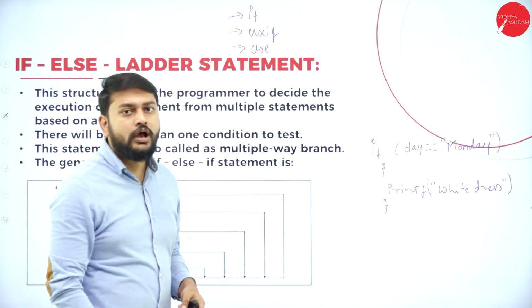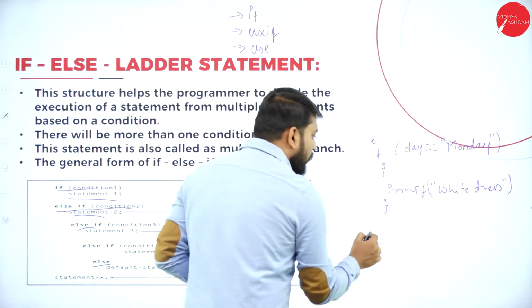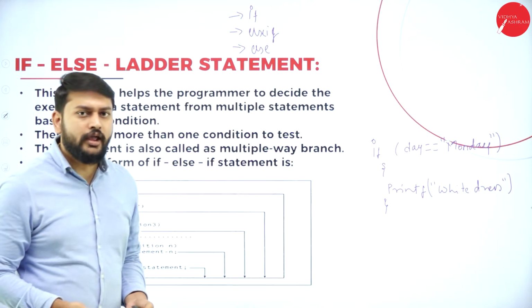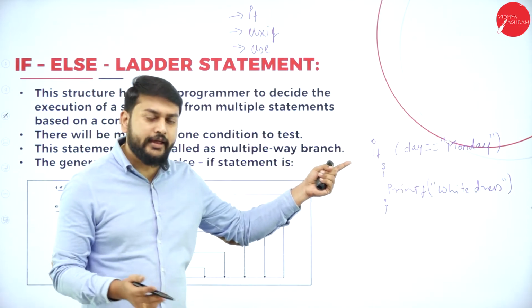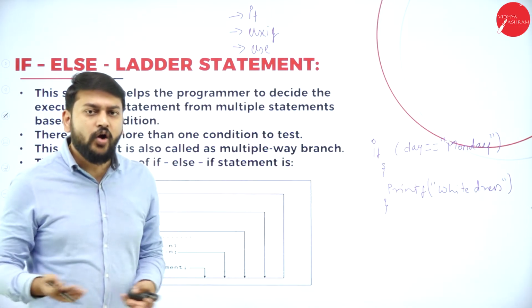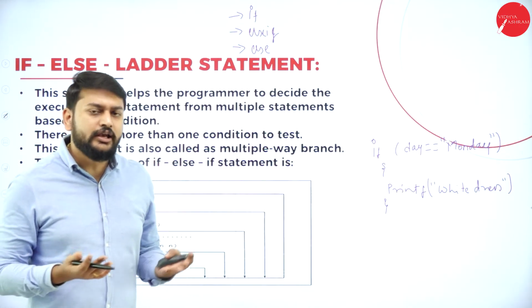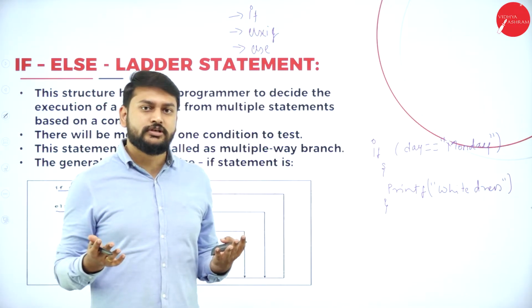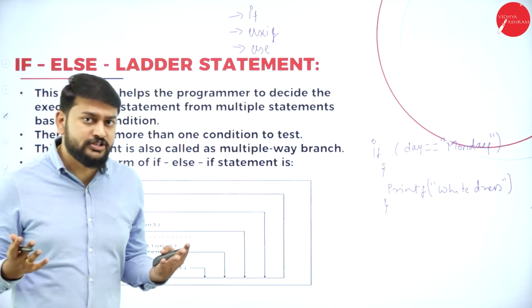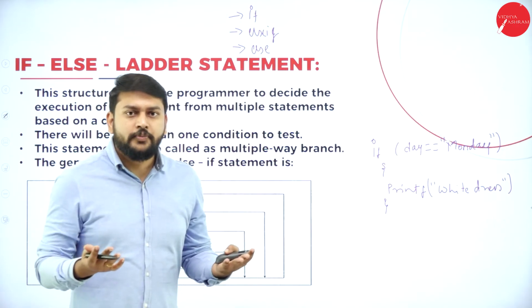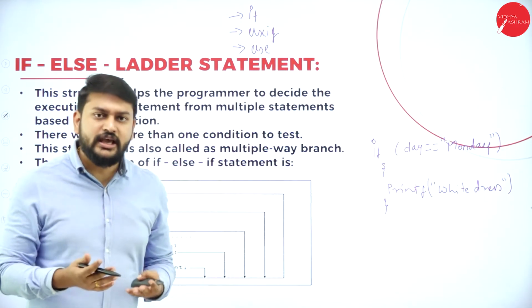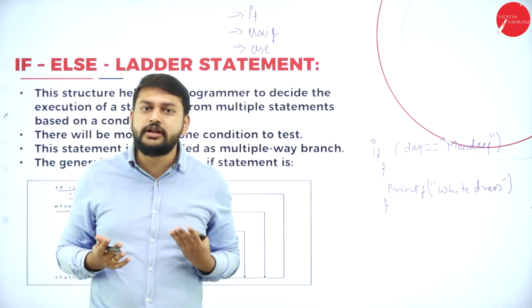Now, I have one more day, right? I cannot check only for one day. I have 7 days. How do I check for 7 days? I need to check for 7 conditions. It can be any day, right? Then in this case, which type of if statement do I have to use?